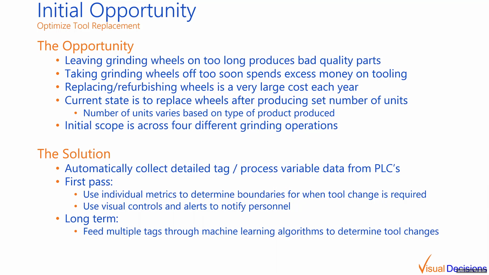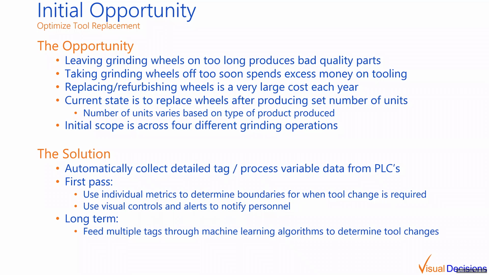And so the current state is to replace the wheels after producing a set number of units. The initial scope for this is across 4 different grinding operations. And the solution that we put in place is to automatically collect detailed tag and process variable information from the PLCs of the grinding machines.